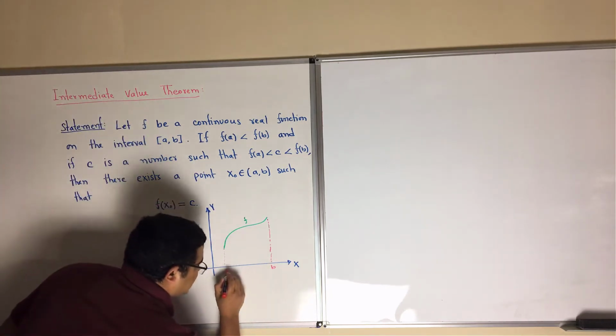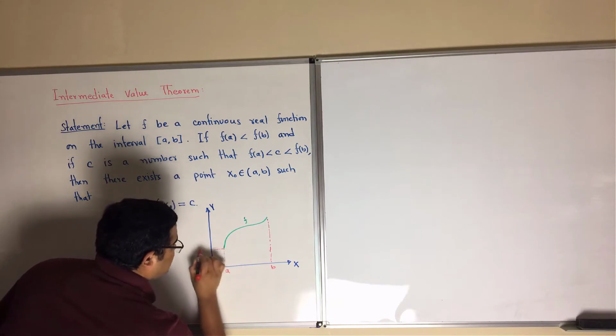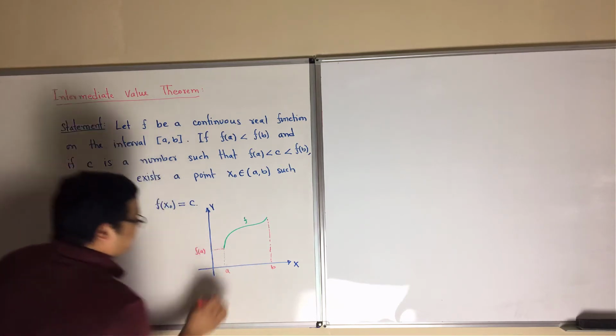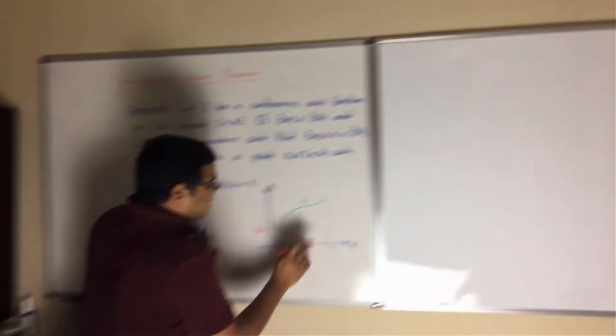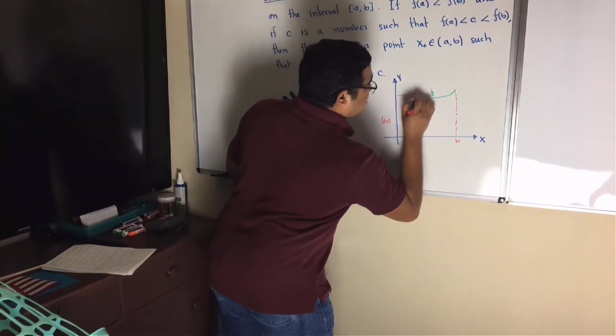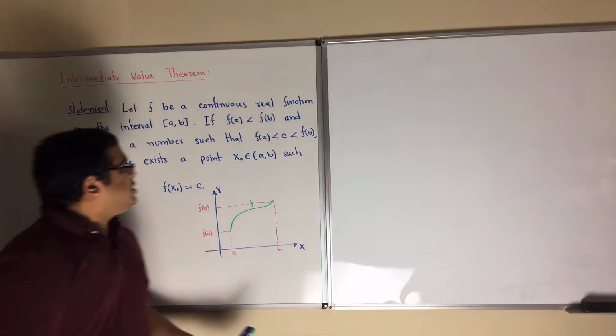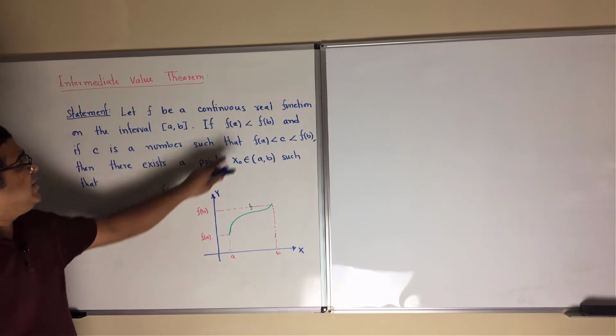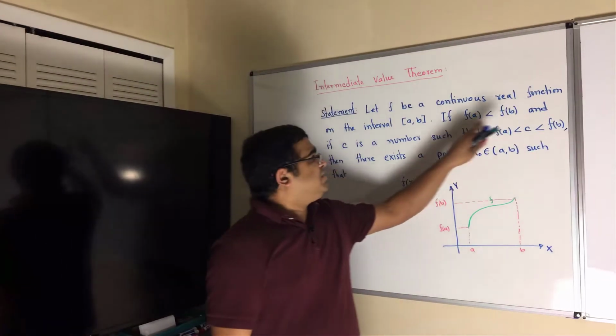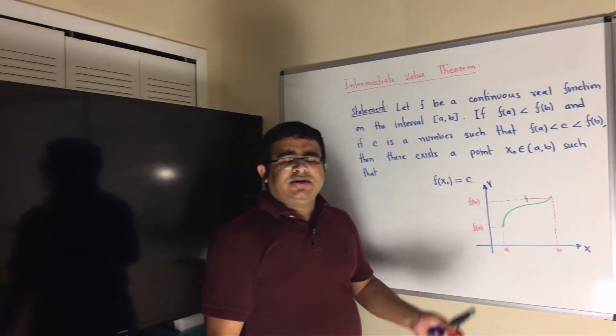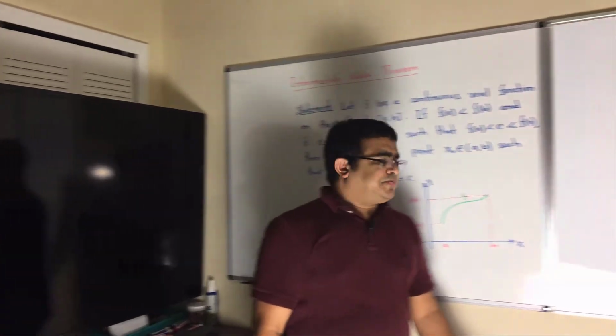If this point is a, then this point would be f of a. If this point is b, then here it would be f of b. Now, here f of a is less than f of b, but if f of a is more than f of b, then we can prove it in a similar way.